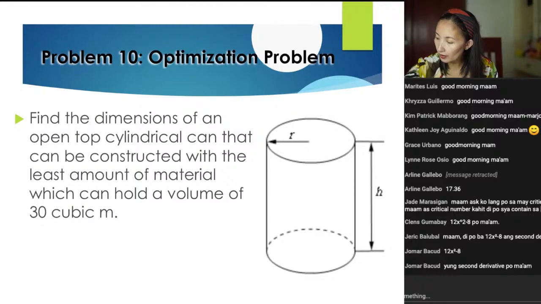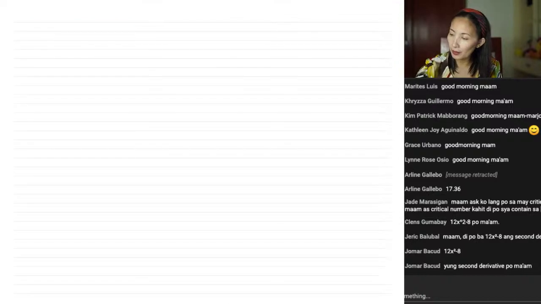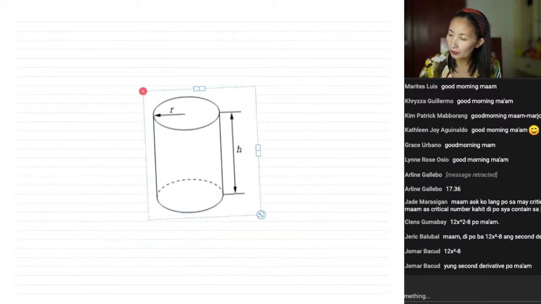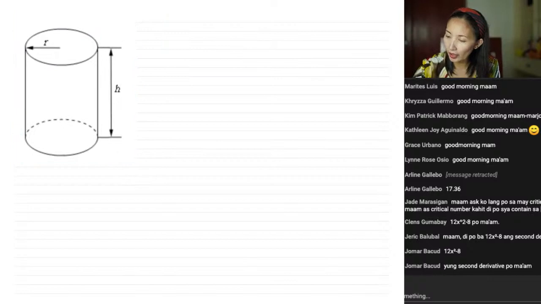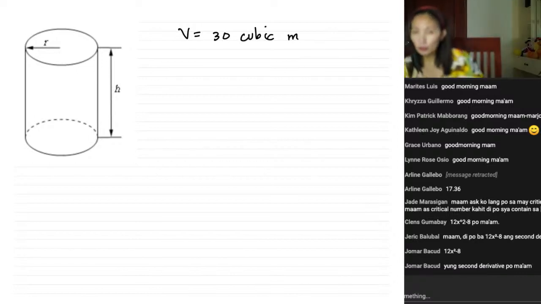So let's find the dimensions. This problem also calls for dimension. So the problem calls for the dimensions of the cylinder that would contain a volume of 30 cubic meters.